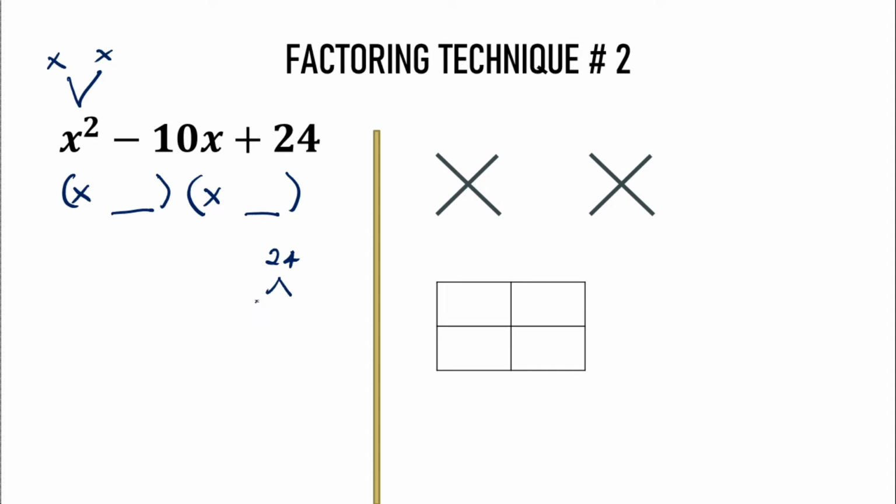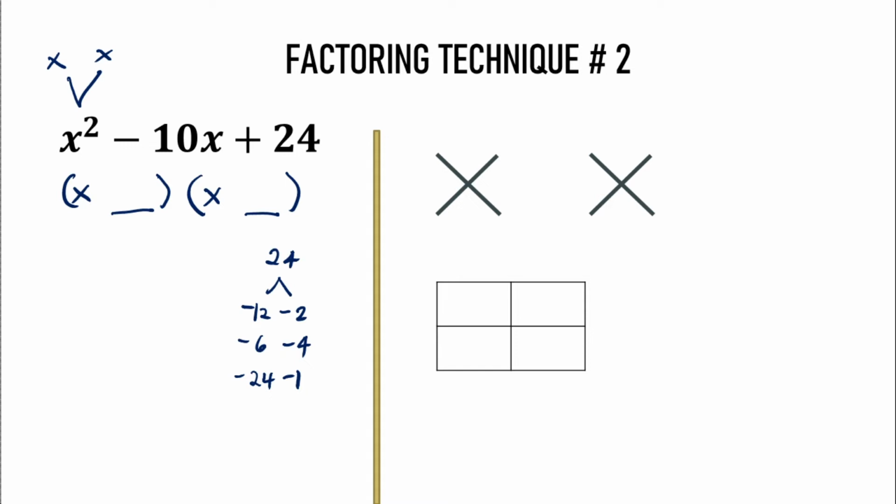For example, sa 24, we have negative 12 times negative 2. Pwede rin negative 6 times negative 4. Pwede rin negative 24 times negative 1. So, there are three factors wherein yung dalawang factors may negative na sign.